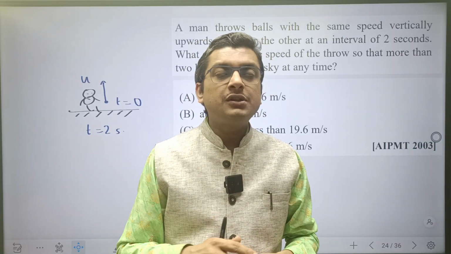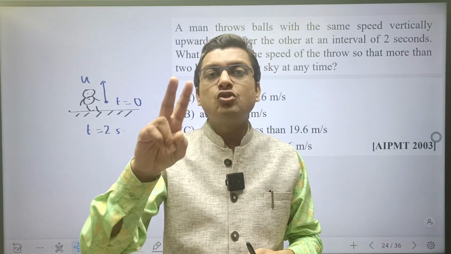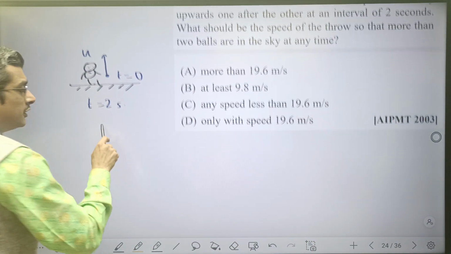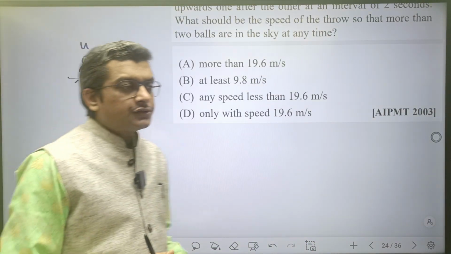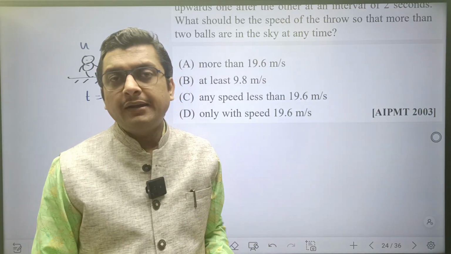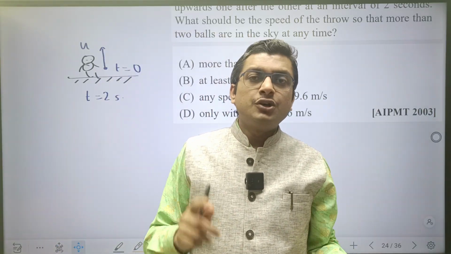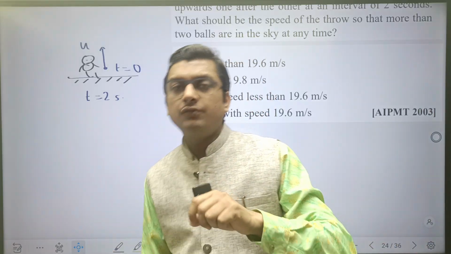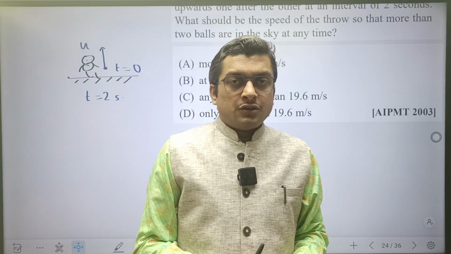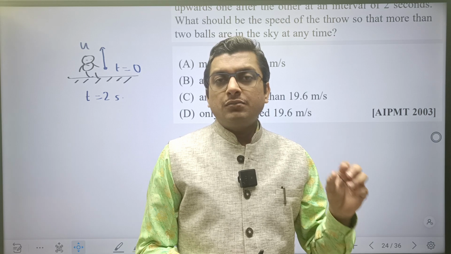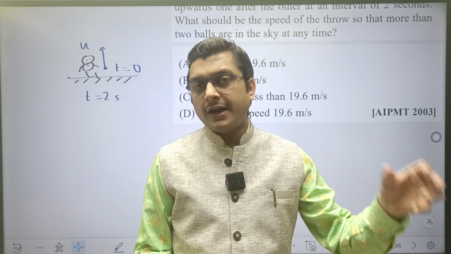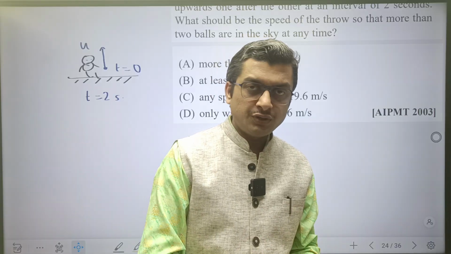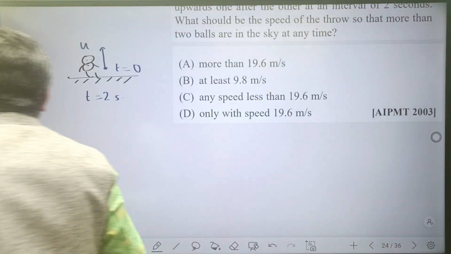Only then is it possible that at any time there are 2 balls in the air. So the 2 balls should be in the air from t equal to 0 to 4 seconds, because at t equal to 4 seconds the third ball will be thrown. So the velocity of the ball must be such that it will be in the air for the time period t equal to 0 to 4 seconds.